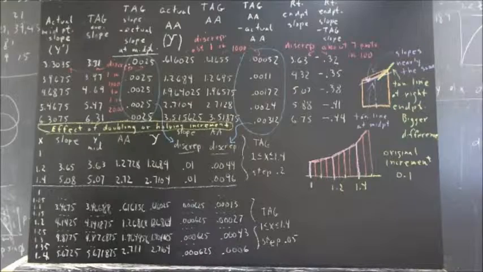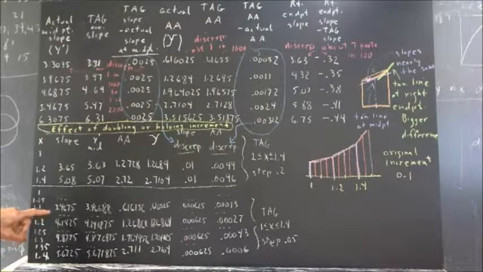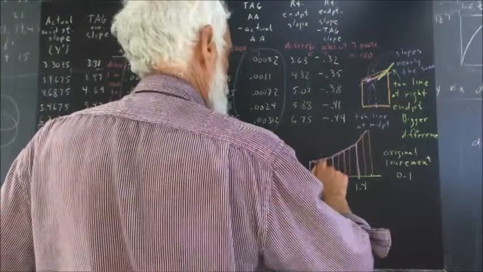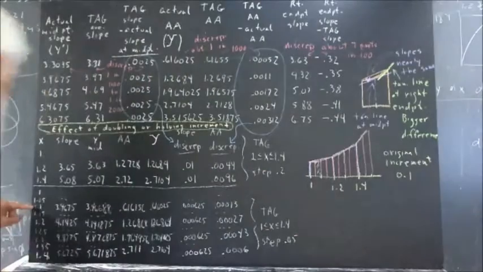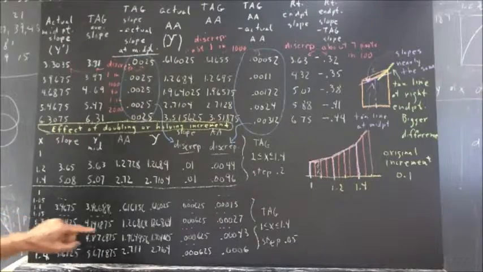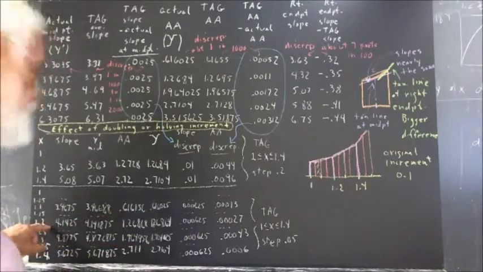Now, in listing the quantities down here, I haven't listed every quantity. I've listed the slope between 1.05 and 1.1. That would, for example, be the slope of this trapezoid. I've skipped this trapezoid from 1.1 to 1.15, and then I listed the trapezoid from 1.15 to 1.2. I've listed slope, accumulated area, and so forth.